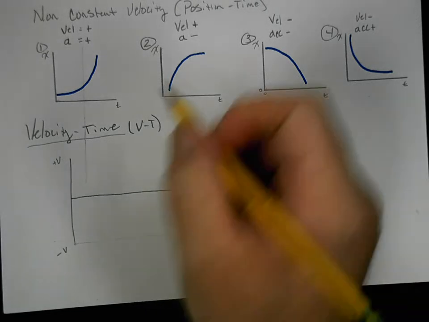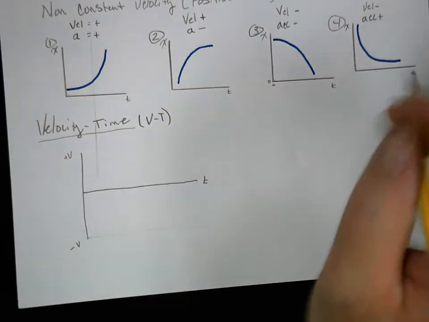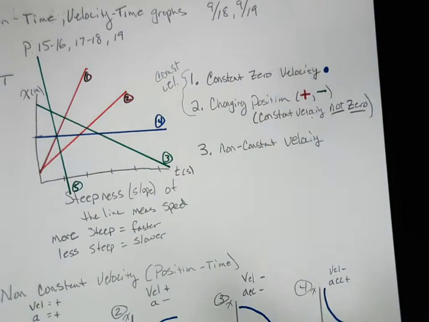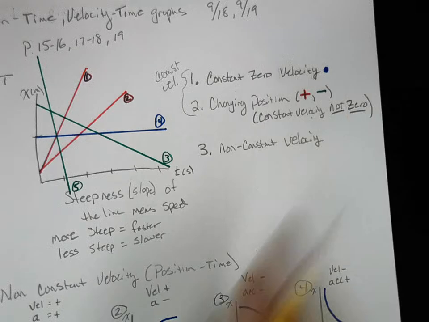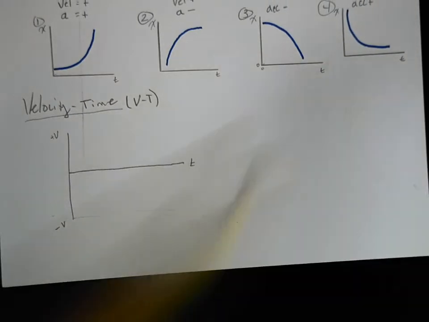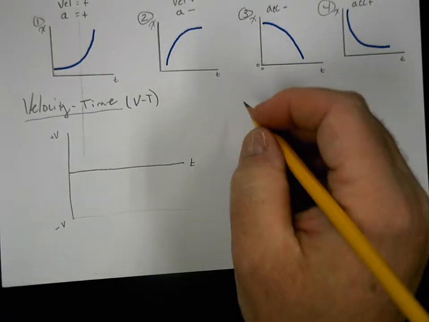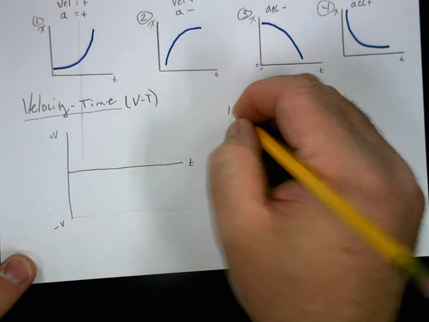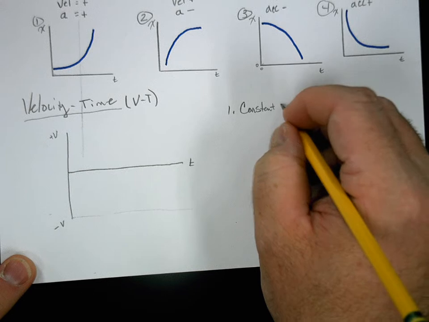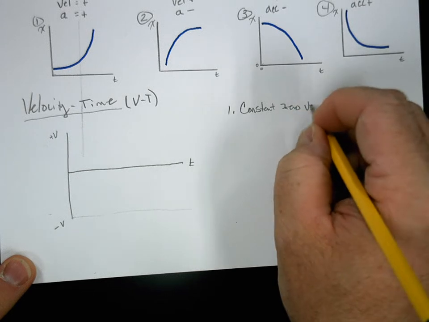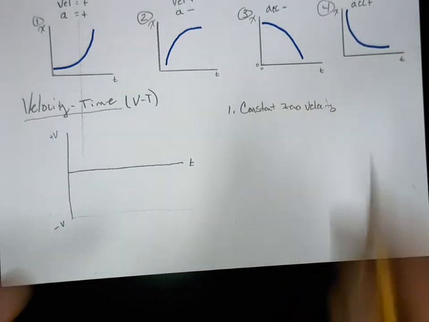Okay, so let's come back to our conditions. Remember these conditions where we had constant zero velocity, changing position, and non-constant velocity? Well, we're going to have similar stuff down here. Let's do these same conditions. So if we had a constant zero velocity, what was that going to look like?